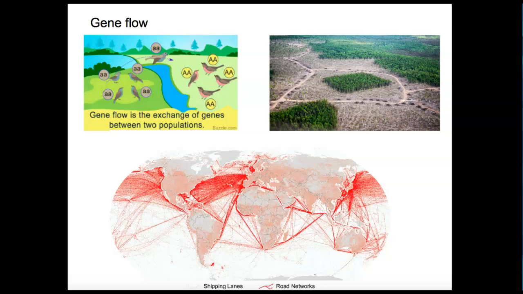Gene flow becomes an issue when we're talking about endangered species, because in certain areas, if we think about farming, usually farmers are required to leave a certain amount of natural landscape in their farm fields.